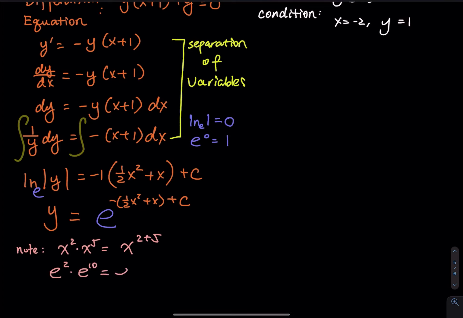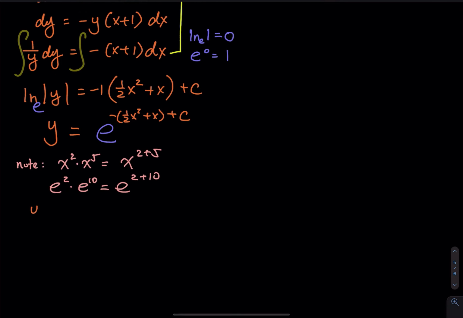That is equals to e to the 2 plus 10. So in here, we have e to the x and then times e to the c. So let's write that down. This is y equals to e to the negative 1/2 x squared plus x, and then we multiply by e to the c.